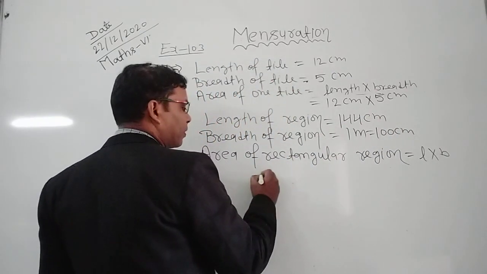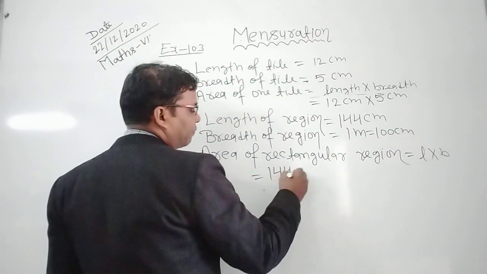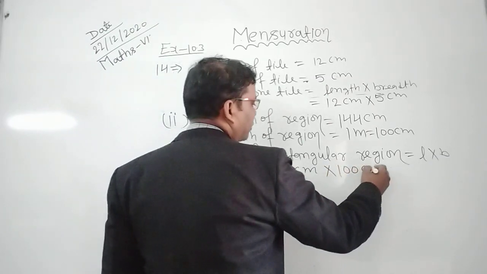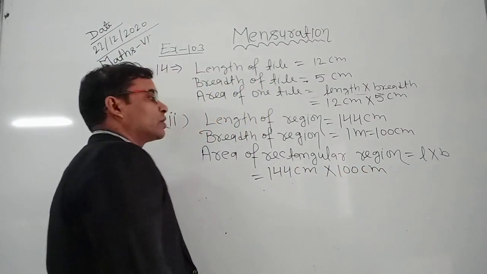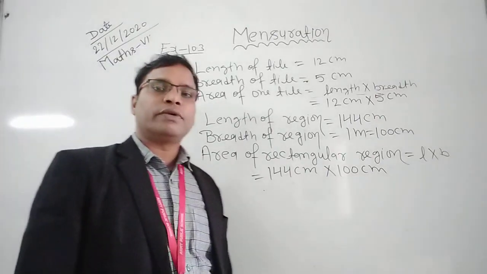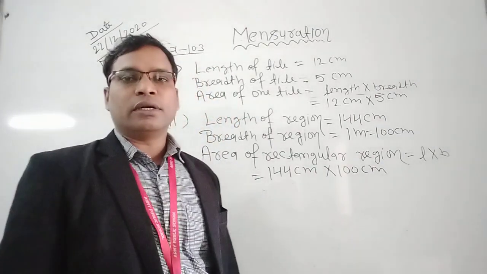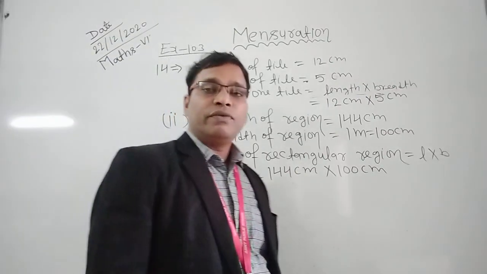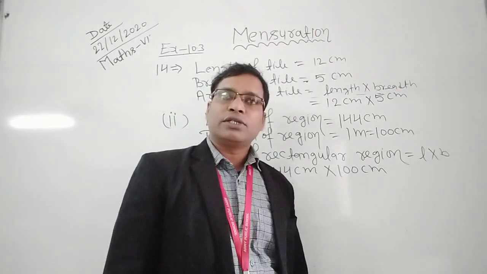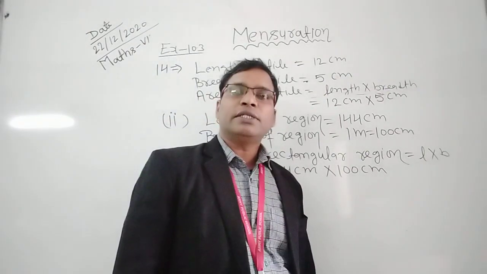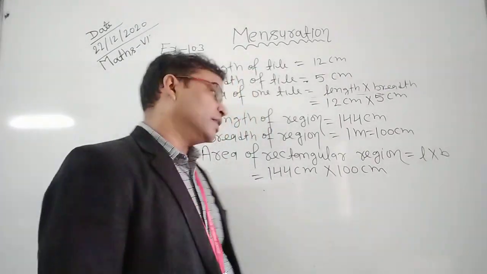Length is given here 144 centimeter and breadth is 100 centimeter. This is clear. Length is 144 centimeter and breadth is 100 centimeter. This is given. Now we find the number of tiles required, or you can say the number of tiles needed to cover the region.